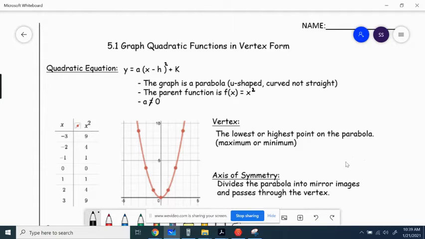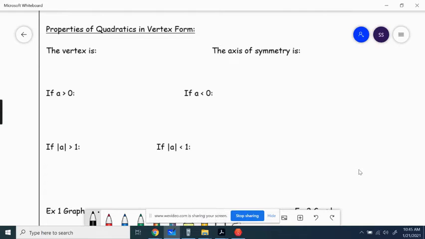The axis of symmetry divides the parabola into mirror images and passes through the vertex. For this example, the axis of symmetry is right here, passing at x equals 0. Now let's look at some properties of quadratics in vertex form.